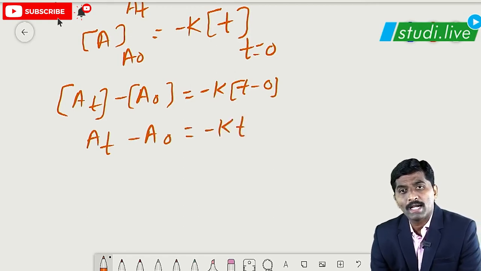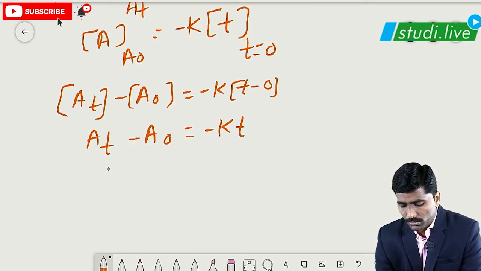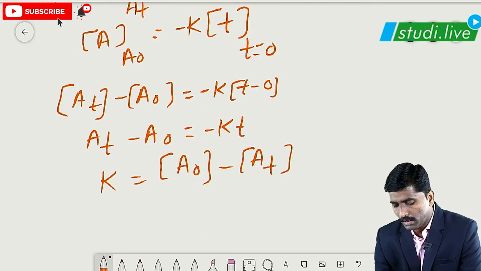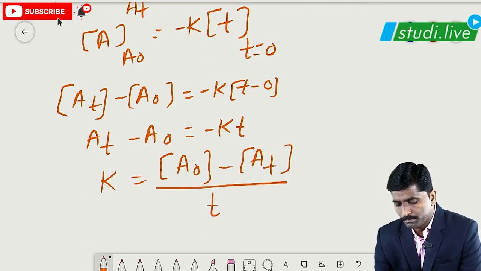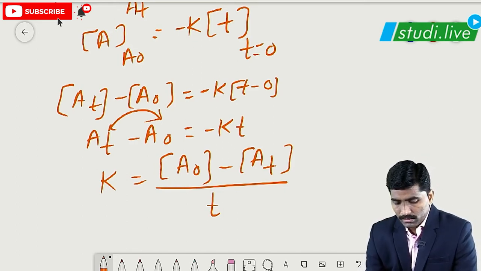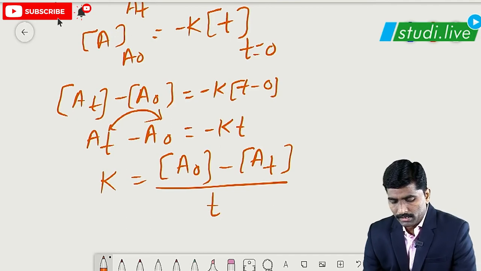But as we have discussed earlier, rate constant can never be a negative one. So in order to remove that negative sign, K is equal to A0 minus At upon t. I have exchanged these two. Correct?